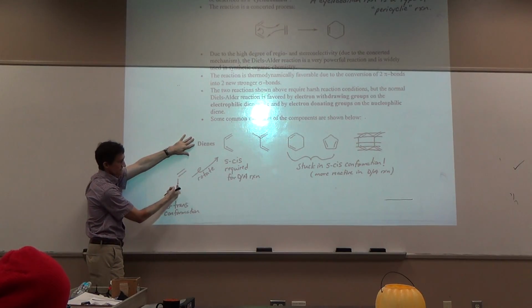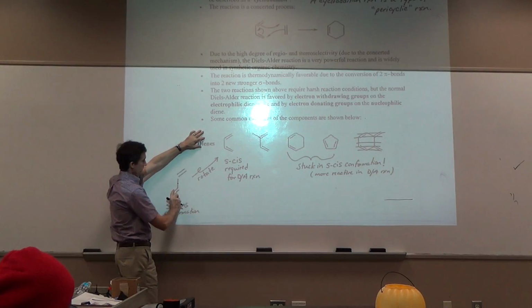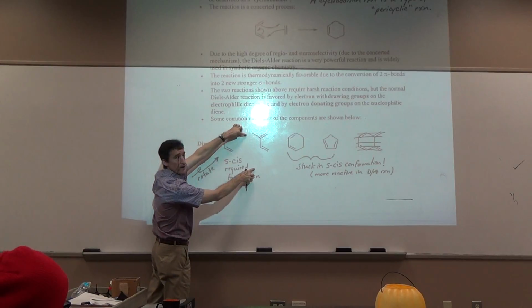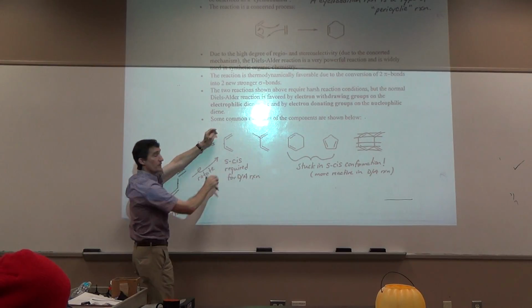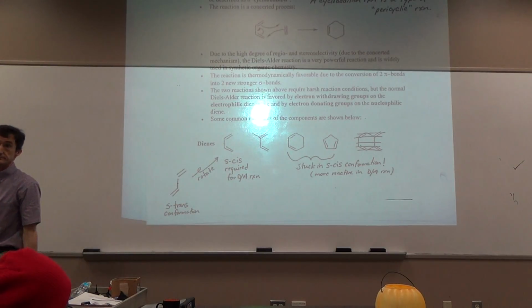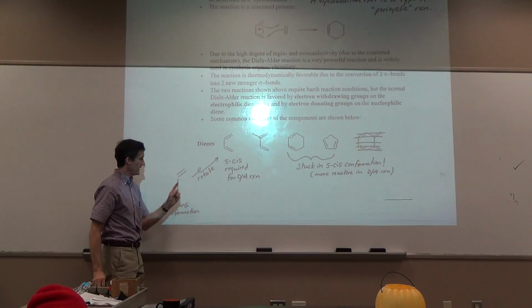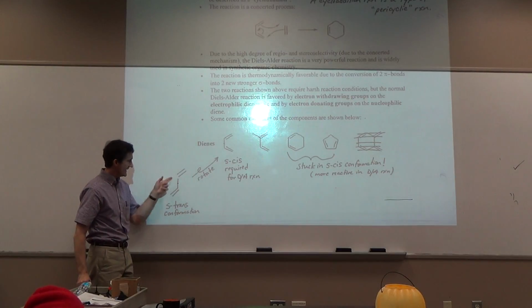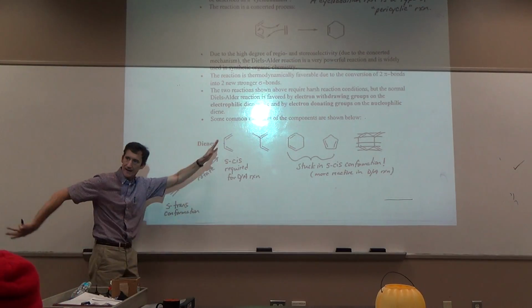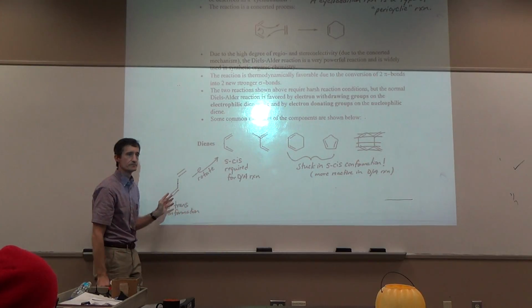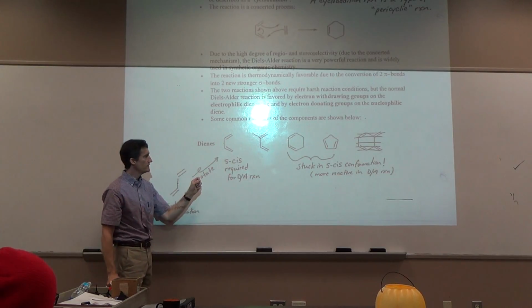Now this can rotate, and if you rotate it, then both double bonds are on the same side. That's called the S-cis form. It's a description, but it's a rotatable bond. We might get later to something analogous, like anti. Here the double bonds are sort of anti, and here the double bonds are syn, which is just different terminology.